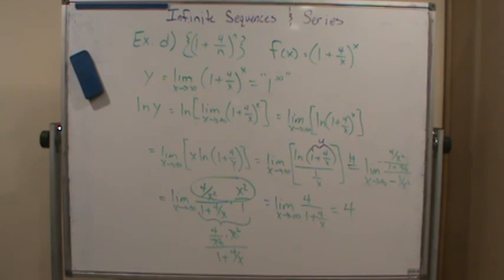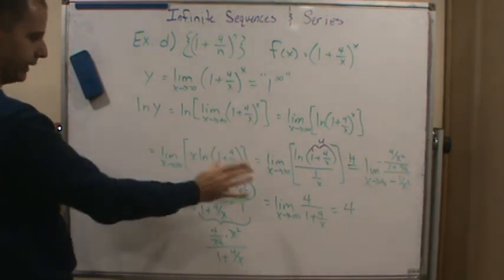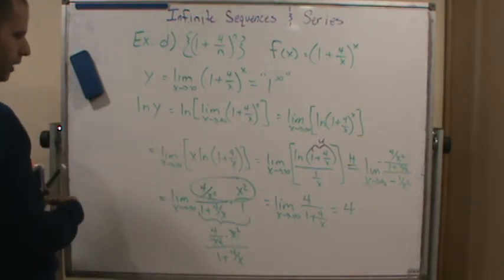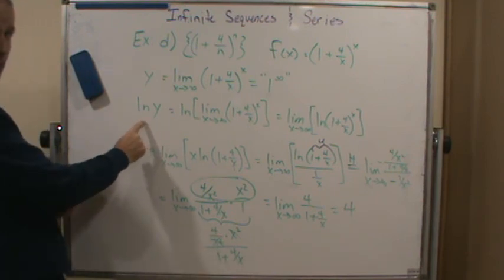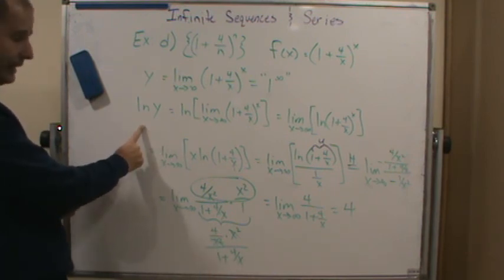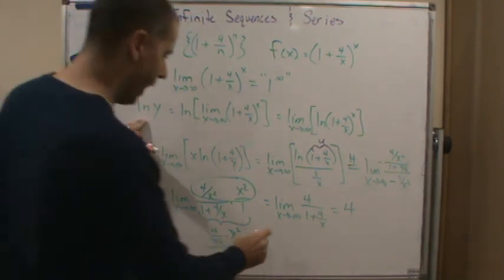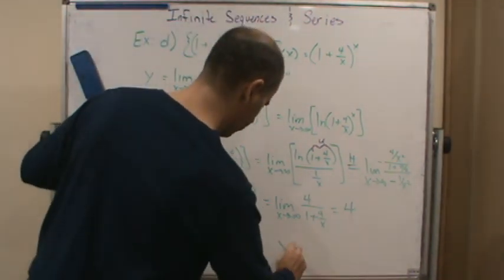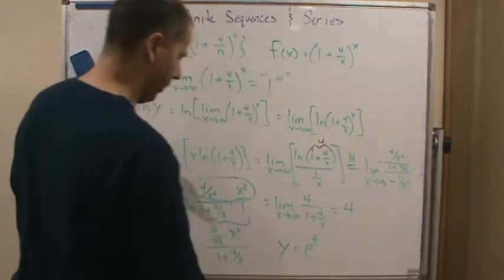So now we have to go backwards, and I have to exponentiate both sides, which means I have to raise both sides to the power of e. What does that mean? It means that y is equal to e to the 4th.